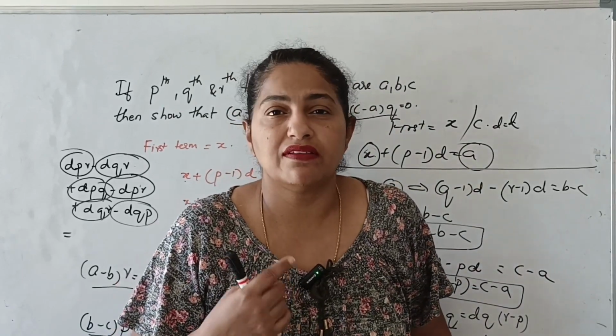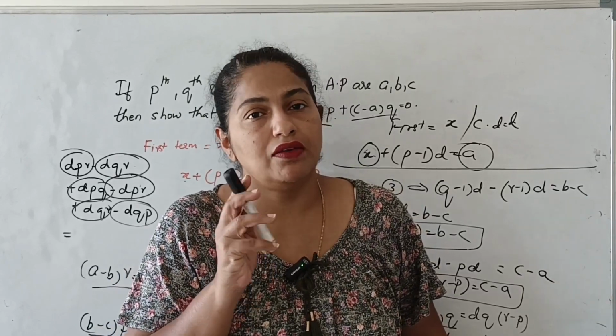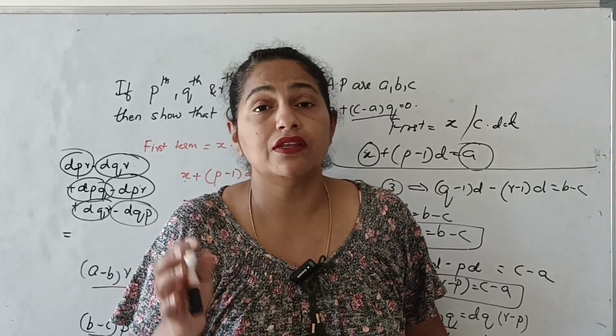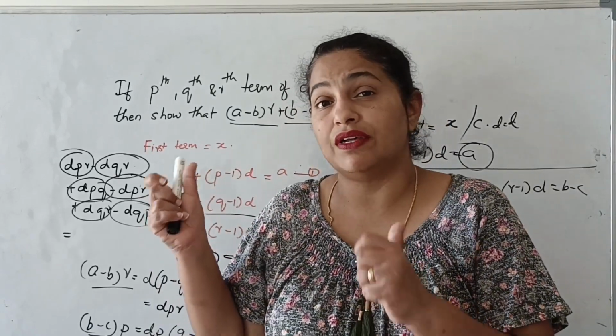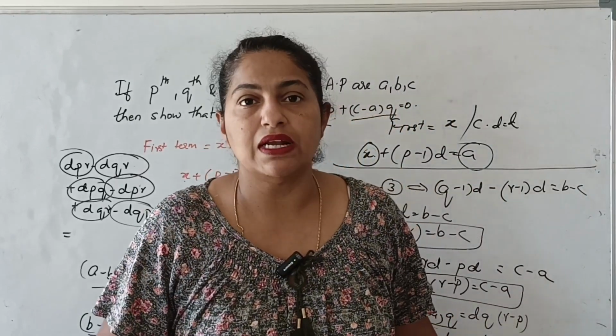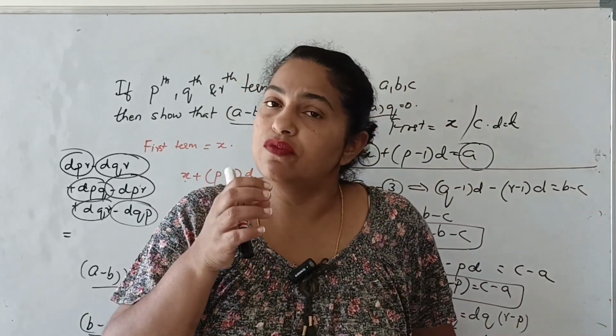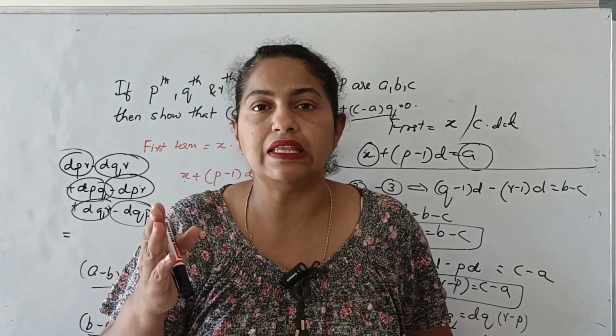They will not give you exceptionally tough sums for your board examinations. So, I want you to keep practicing so that you can get used to these kind of sums, especially the sums where numbers are not involved, variables are involved and you have to prove something. Unless you keep practicing, you will never learn how to do it within the given time.